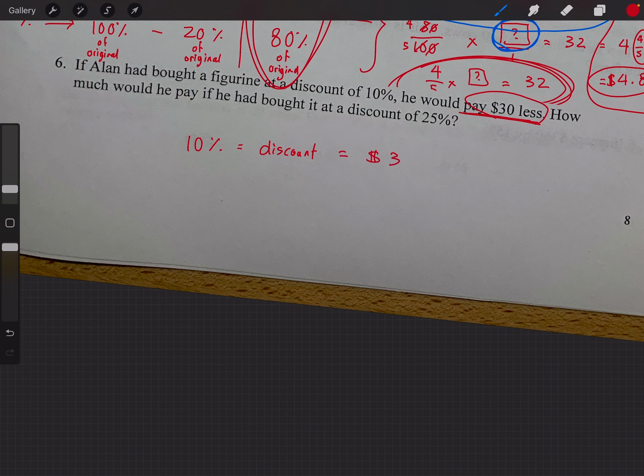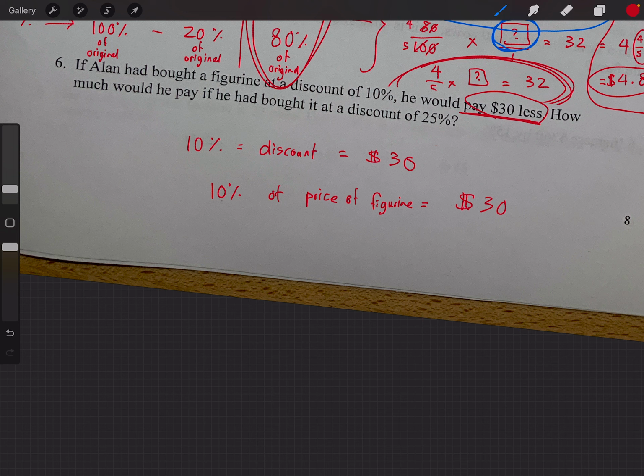Because he's paying $30 less, and a discount is how much less you pay. So that 10% of the price of the figurine is equal to $30. How much would he pay if he had bought it at a discount of 25%?